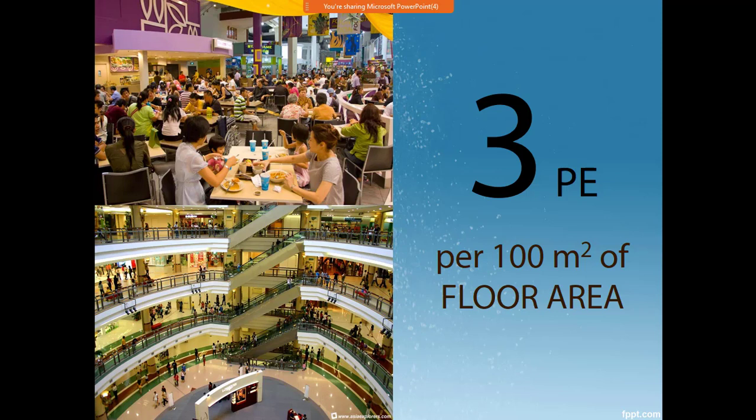If this shopping mall has 3 stories with the same area, that will be times 3: 30 times 3 is 90. In that way we can estimate this shopping mall as equivalent to how many people using water as a fixed population. Understand? Any question?